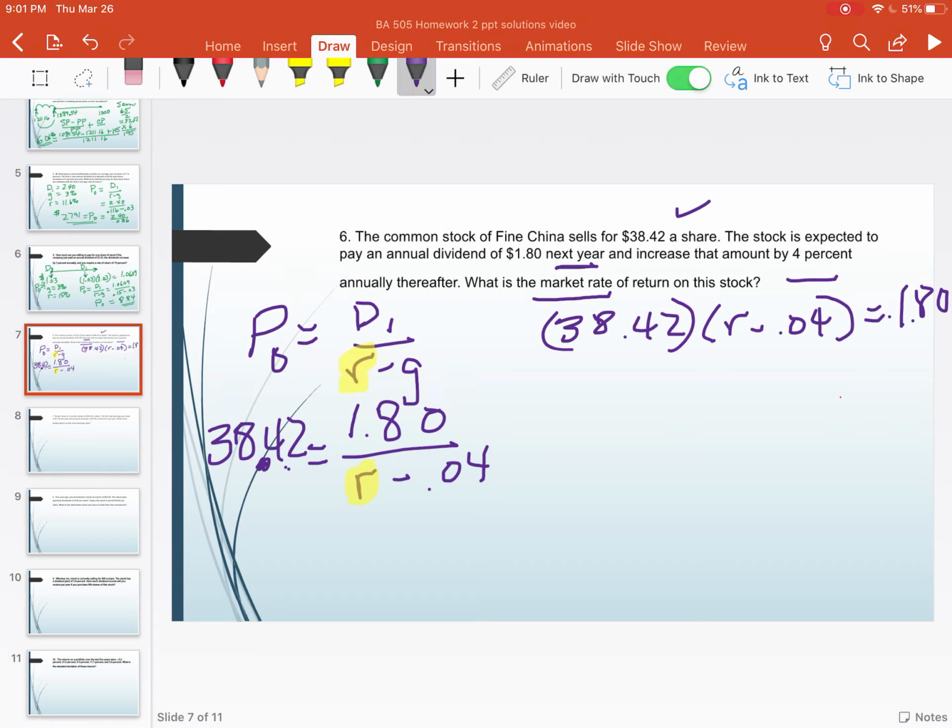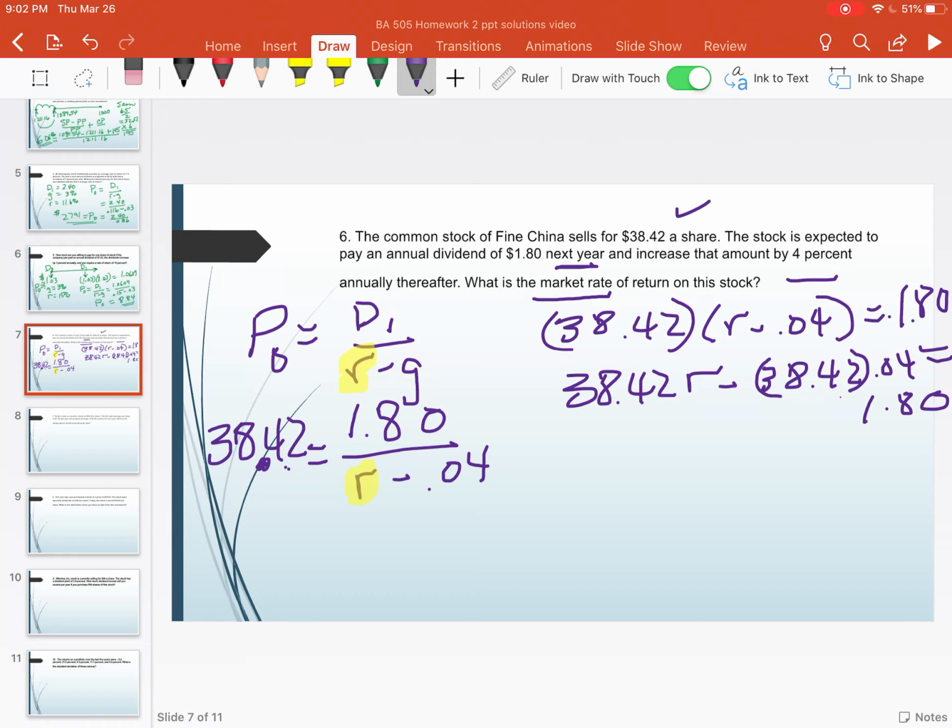And then obviously this is going to become 38.42 R minus 38.42 times 0.04. It's still going to equal $1.80.